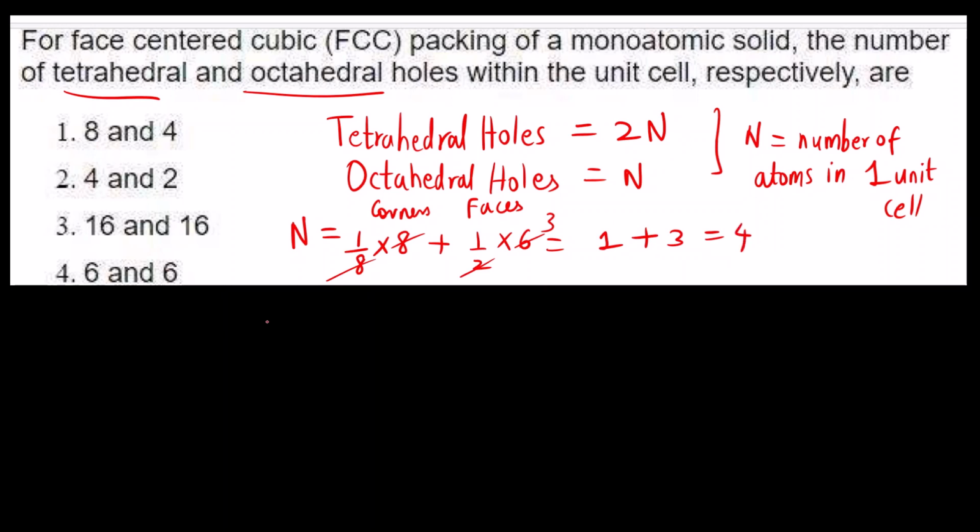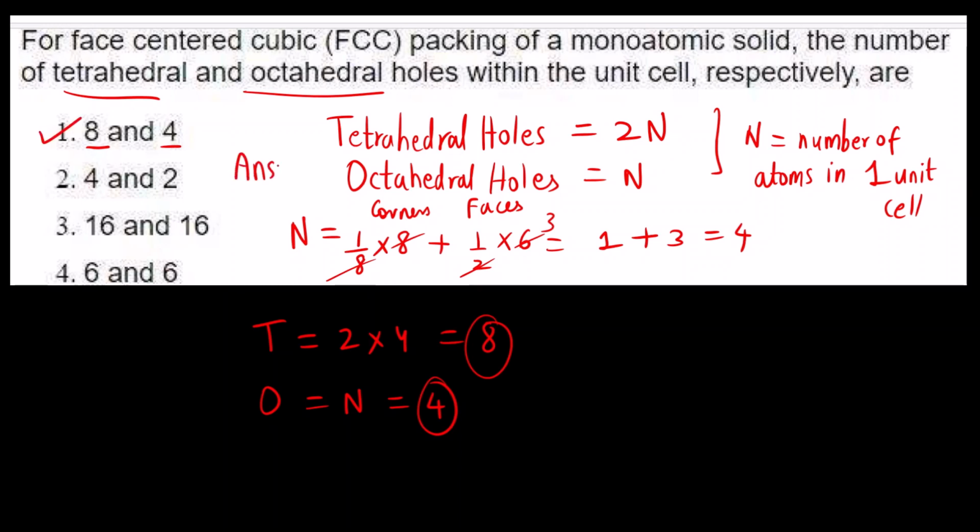So tetrahedral holes: 2 into 4, 8, and octahedral is equal to n, which is 4. So the answer will be 8 and 4. So the correct answer is option 1.